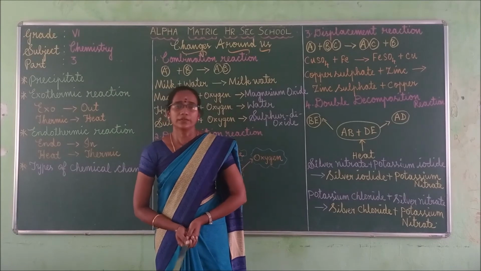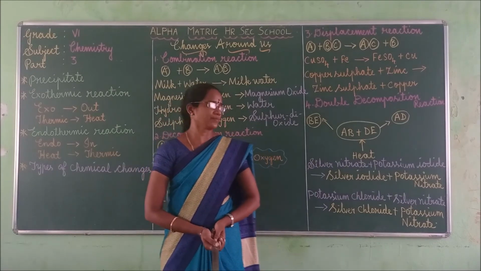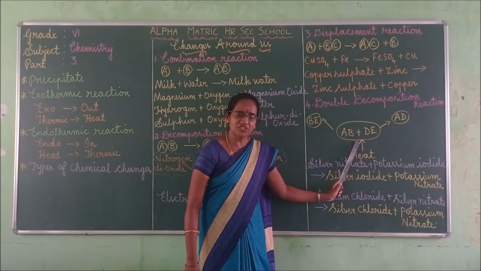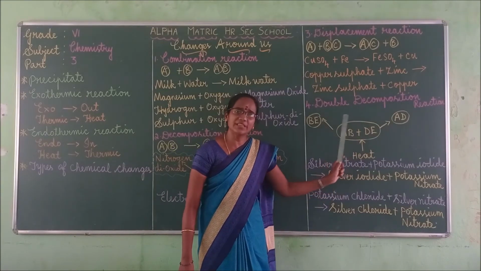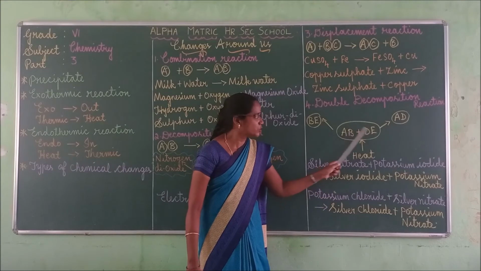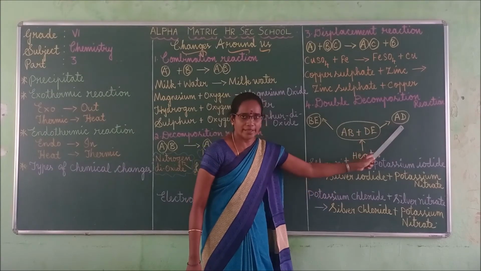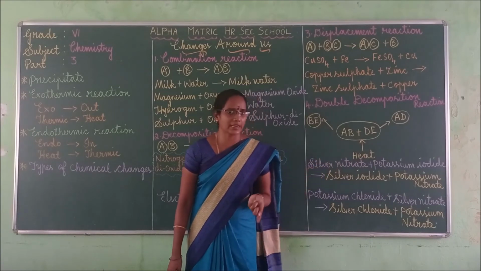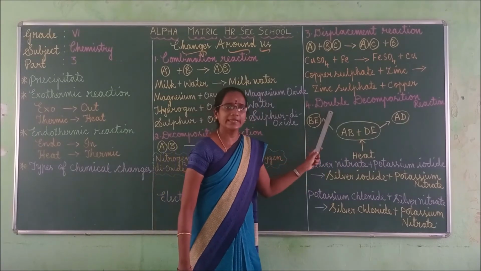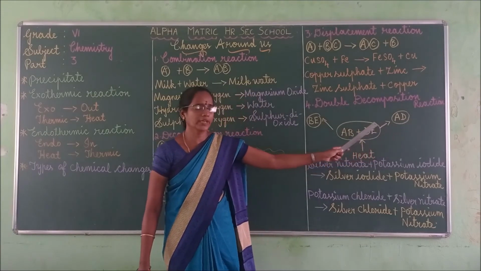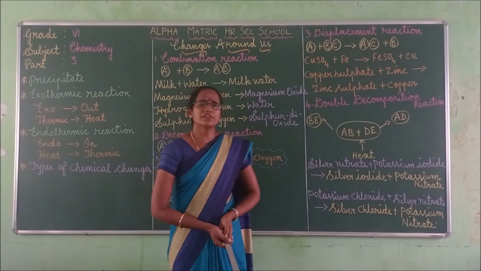Double decomposition reaction. When two compounds react with each other and exchange their ions, these two compounds react with each other to form new products and exchange their ions, then we can say it is a double decomposition reaction.